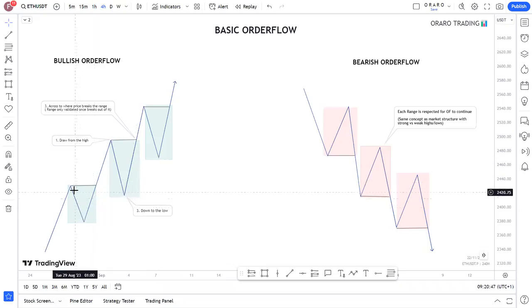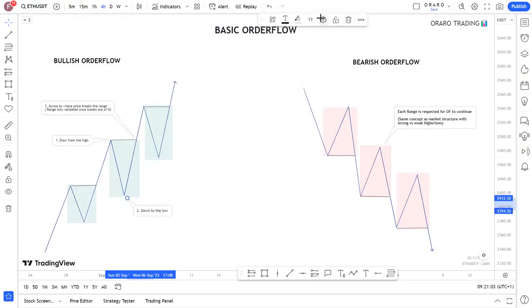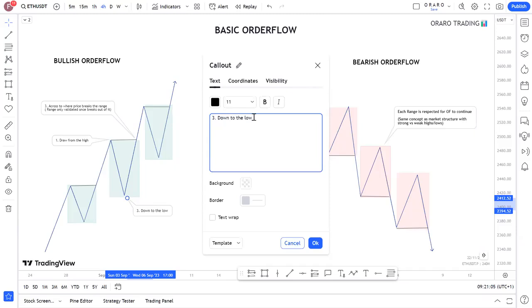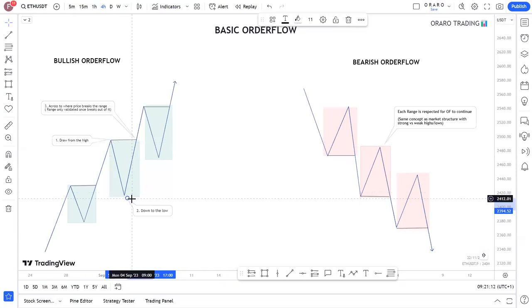But in this case, we are going to use this box to identify where the flow is. Now, what you do is that the first thing you draw the box from the high, then you draw the box, sorry, this is number 2. You draw the box down to the low. Draw it from the high to the low.